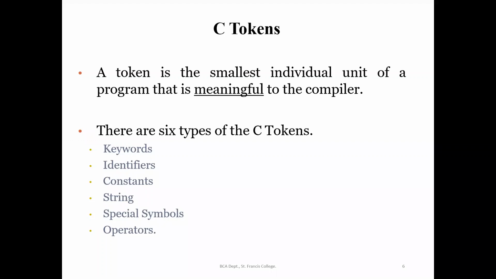So if you make it a keyword, there are 32 keywords in C, we studied already, or declare it as an identifier, a constant, a string, a special symbol, or an operator, then only our compiler will understand. So we will see one by one.